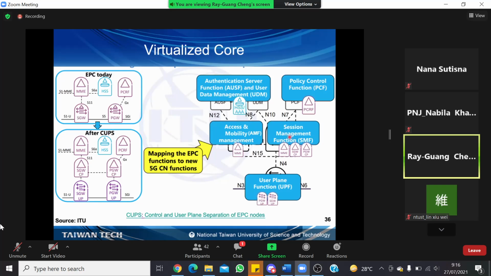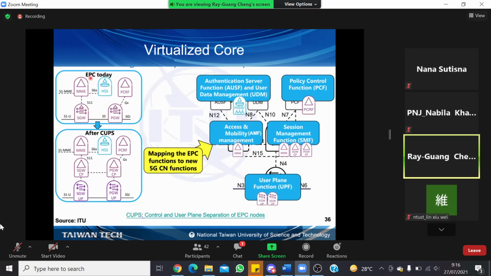We mentioned a lot. We use this figure to show you the main concepts they are using. This is EPC. EPC is for 4G. We just mentioned that in 4G, we have control information through the MME. This is the subscriber database. We also have PCRF to charge the user, set the policy, and set the charging for the user through the P gateway.